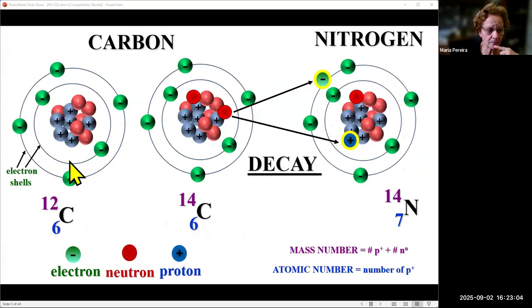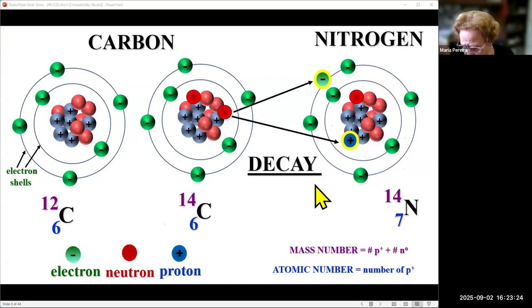So you see here carbon 12, but carbon 14 now has an extra neutron that explodes into 1 proton. So now the nucleus has an extra proton, and the electron is released in the form of energy that can be captured in the PET scan.